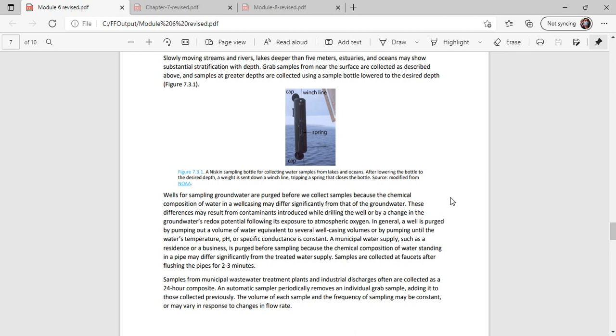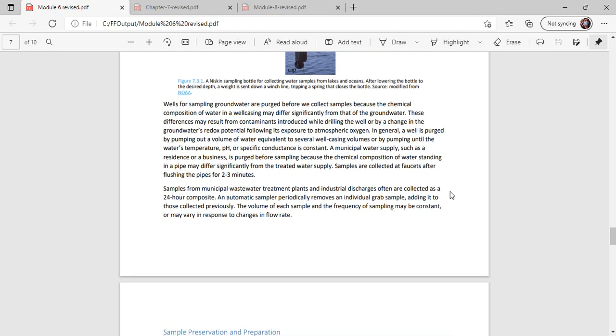A municipal water supply such as a residence or business is purged before sampling because the chemical composition of water standing in a pipe may differ significantly from a treated water supply. And also sa aton nga samples that are collected at the faucet after flushing the pipes for 2 to 3 minutes.